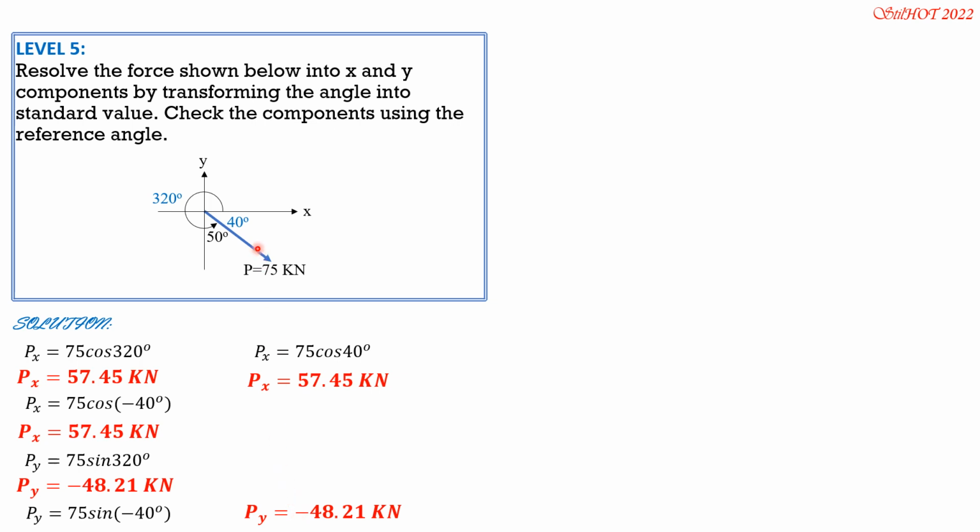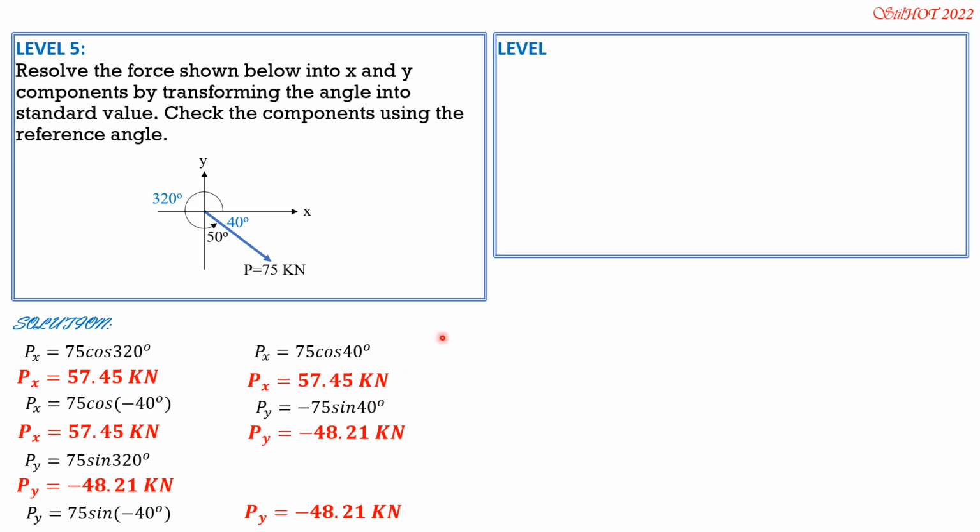Then if you use the reference angle, Py is, because it is going down, negative 75 sine of 40. So Py is negative 48.21 kilonewtons.